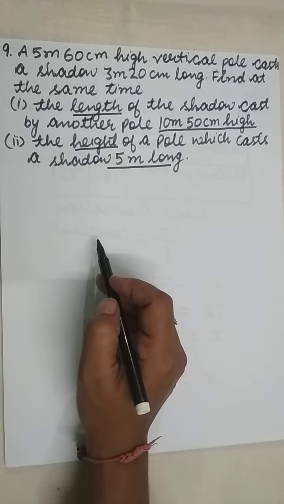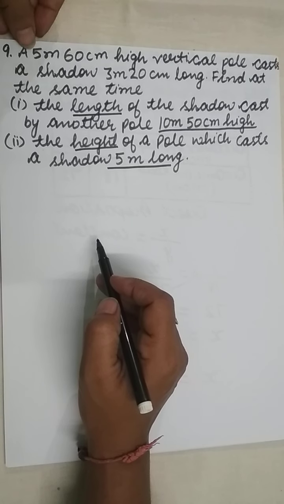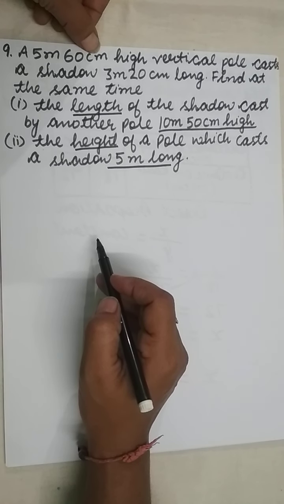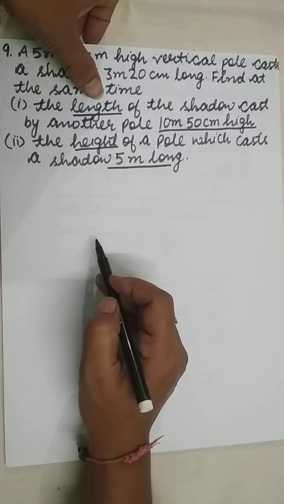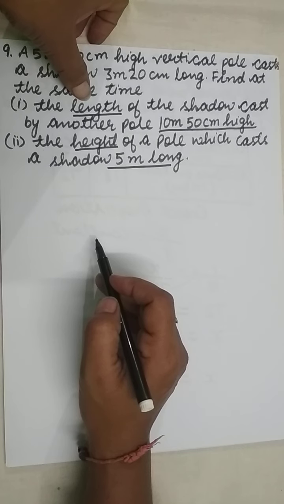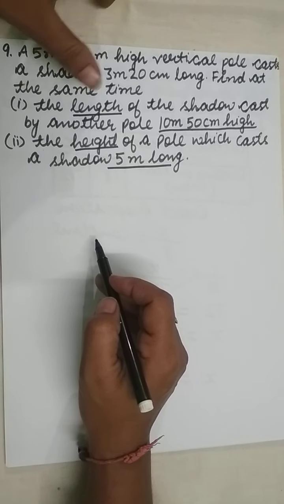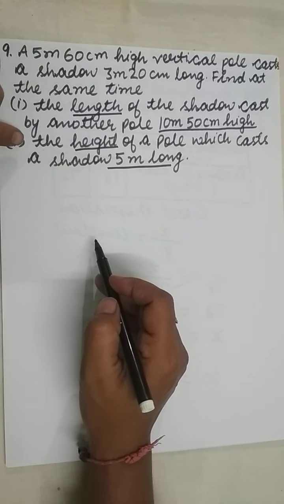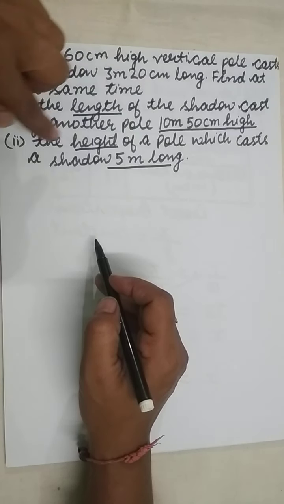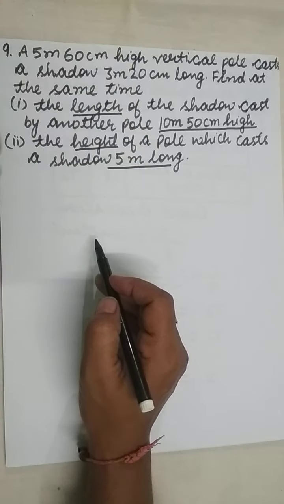Now we are having a pole whose height is 5 meter 60 centimeter and the length of its shadow is 3 meter 20 centimeter. And we are to find out the length of the shadow cast by another pole which is 10 meter 50 centimeter high, as well as the height of another pole whose shadow is 5 meter long.